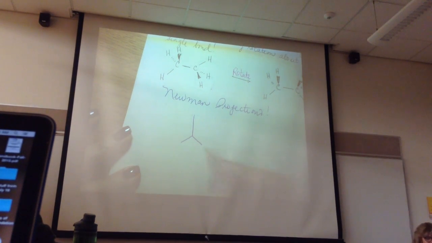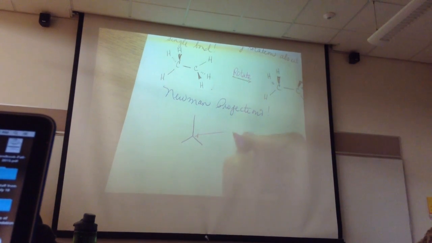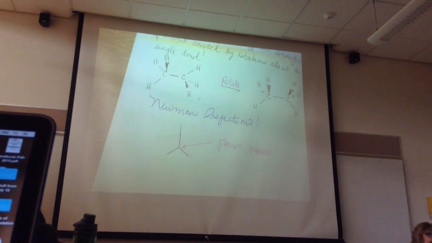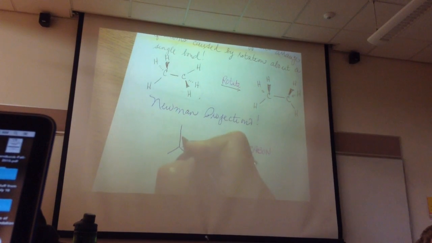And that upside down Y represents your front carbon. Kind of ridiculous because here you only have one front carbon and one back carbon. Can everybody see? One is front and one is back. The back is represented with a circle.